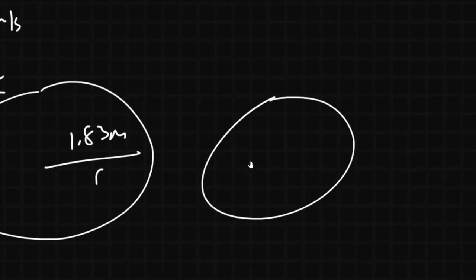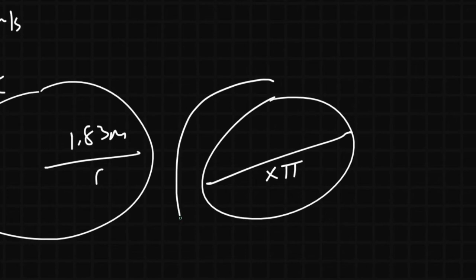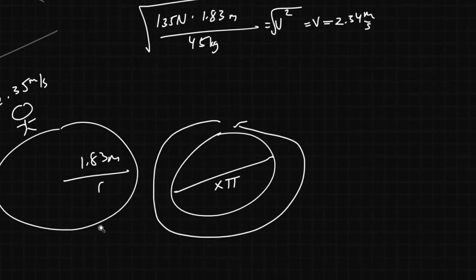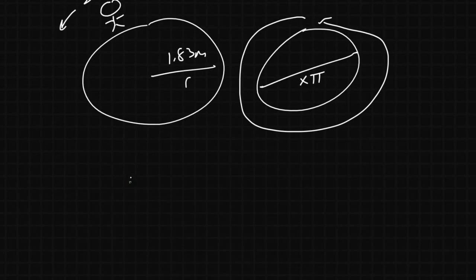I know that if you have a circle, the diameter always needs to be multiplied by pi to get the actual distance around. So if the radius is half of the diameter, then it will have to be multiplied by 2 pi to make this work. So 1.83 meters times 2 pi should give us the total distance around.